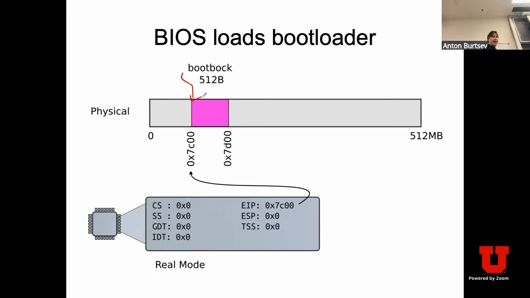And this code, we as system designers actually control. In the x86 source tree you will find the assembly code of this boot block. It is exactly 512 bytes, loaded from the disk by the BIOS, which runs before us, and we are executing the very first instruction at 7C00.